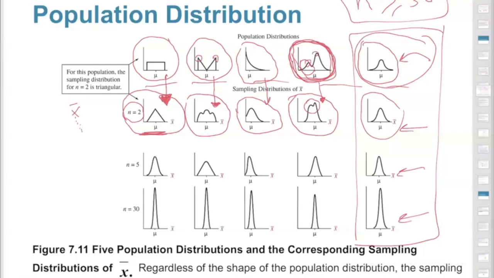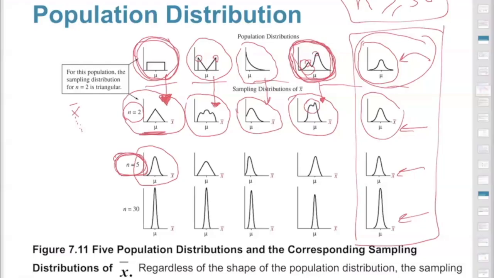Now increase the sample size from 2 to 5, which means take all possible samples of size 5 from the distribution, and then construct the histogram. You will find that with n equal to 5, the distribution becomes a little bit normal.